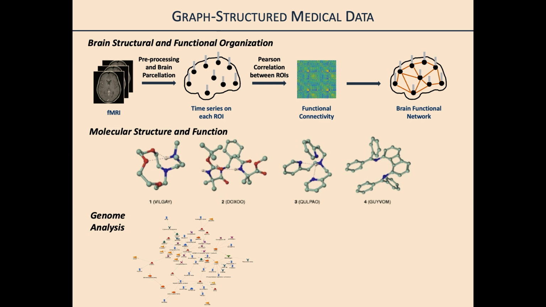Then for resting state functional MR and structural data, people can build graphs that tell us how the brain is structurally and functionally connected. So there is graph data: you have data defined on each brain region, and you also have connection information, meaning how strongly regions are connected to each other. Those are what we call graph structured data.